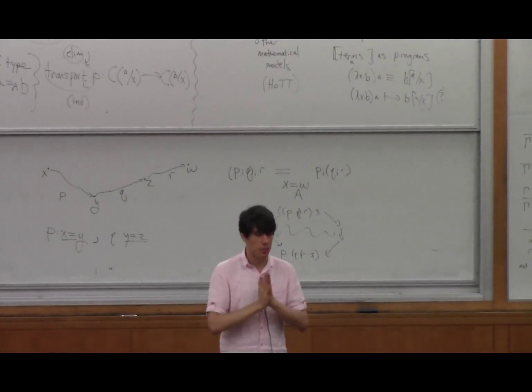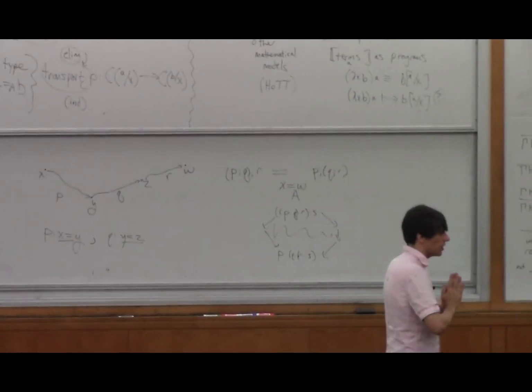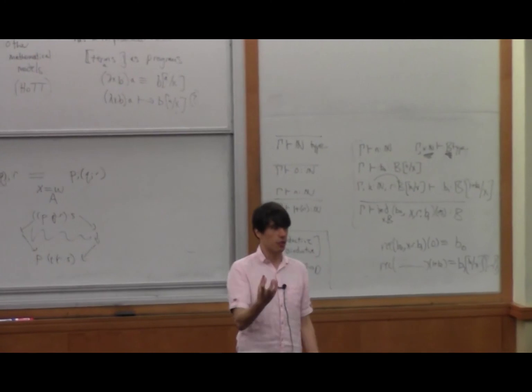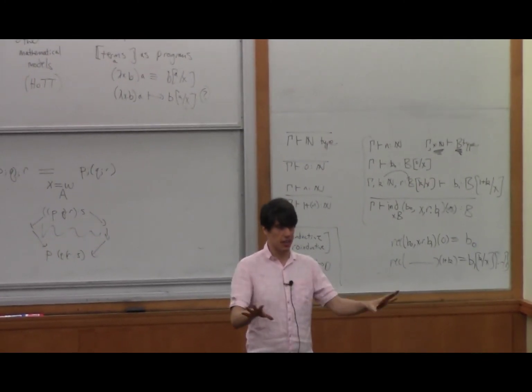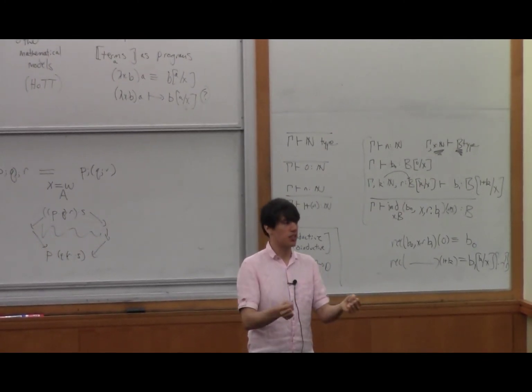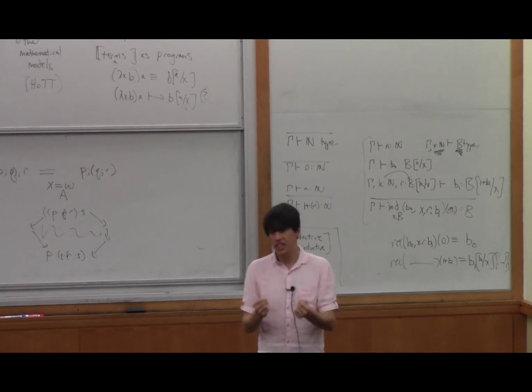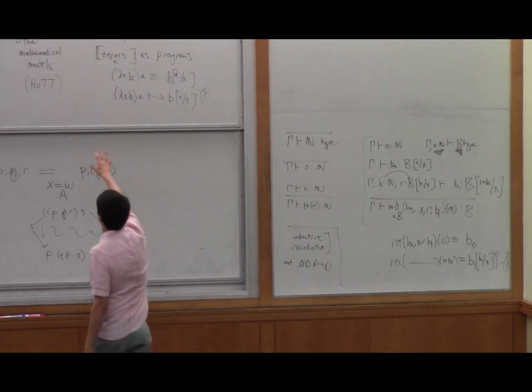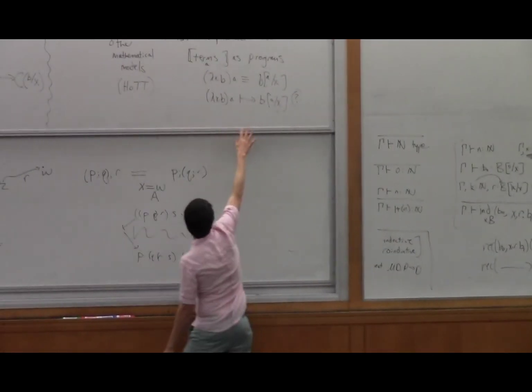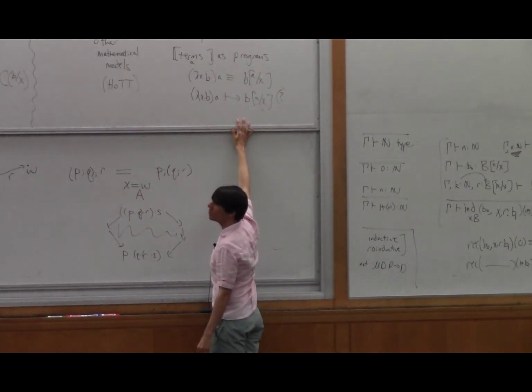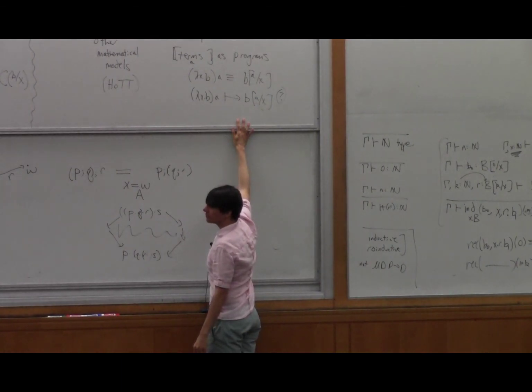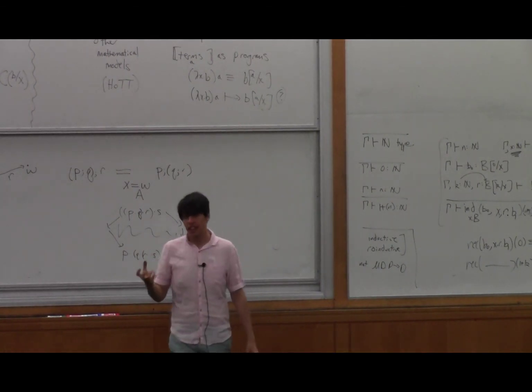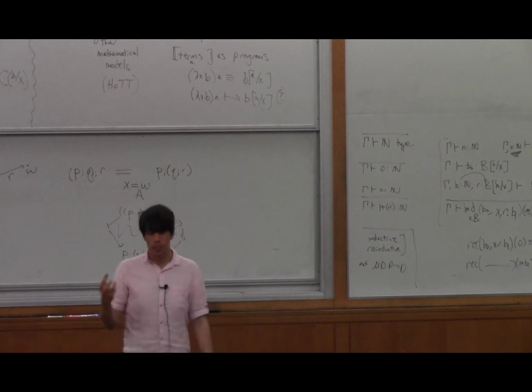So that's why I wanted to stress the distinction that judgmental equality is a formal system, right? You don't want to think of it a priori as computation or something like that. It's axioms about equality. Those axioms can be true in various mathematical settings, or they can become true under interpretation as programs. But if you think of it as syntax first, then you can get these many different interpretations going.